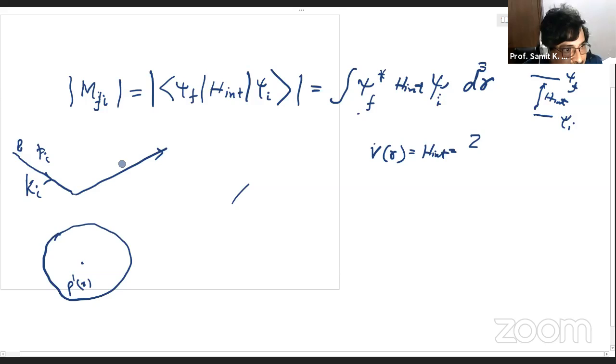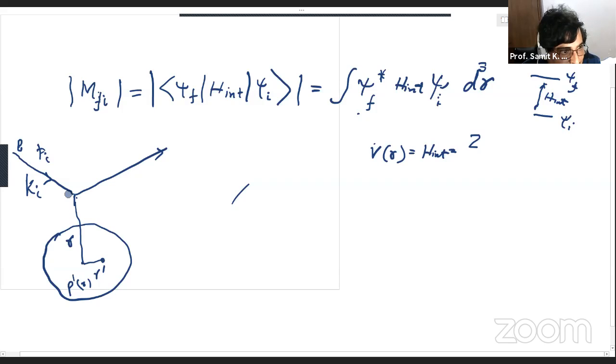And after seeing this nucleus, maybe it is at this distance r from the center of mass, and here you can say some arbitrary radius r prime. So you try to calculate what is the interaction from this point to this point.